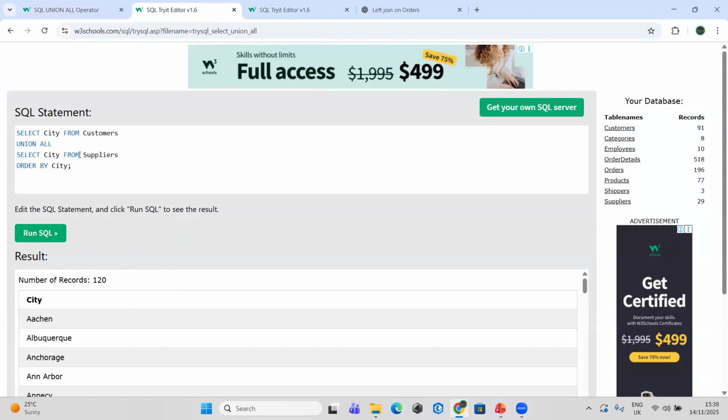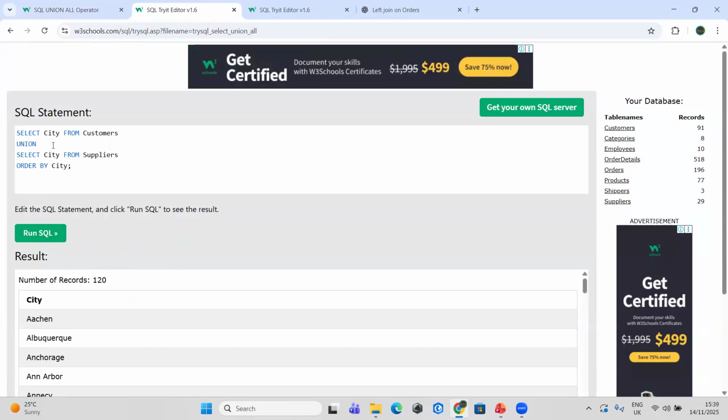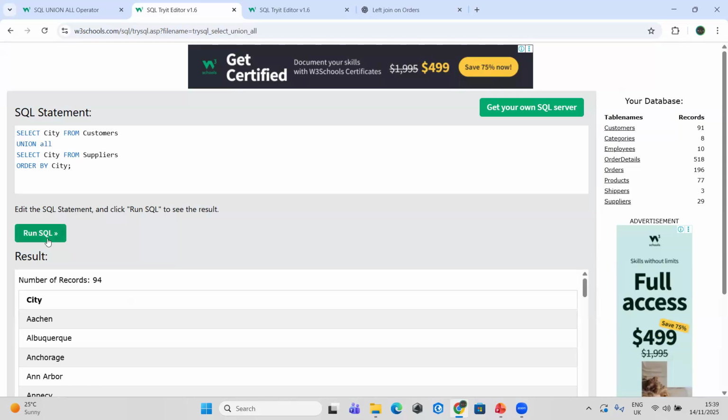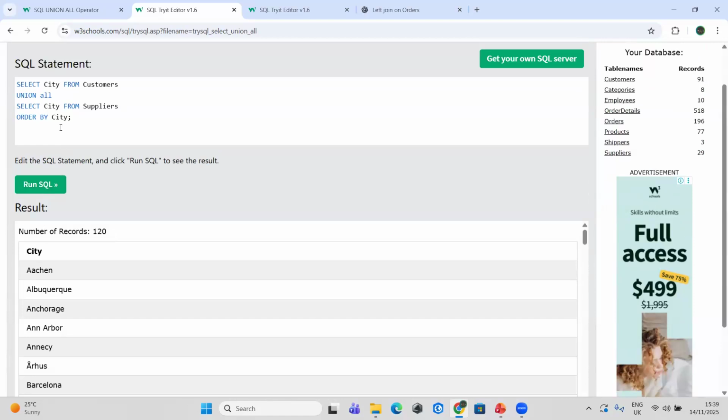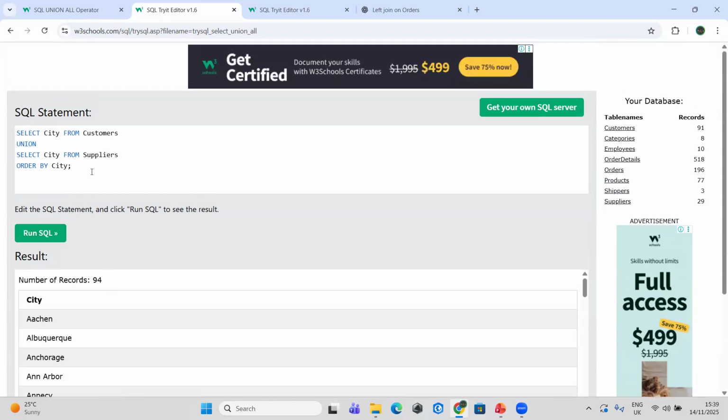So, can you tell me what is the difference here between these two? In Union All I get 120 entries, whereas in Union I just get 94 entries. Any reason why? Do you know?